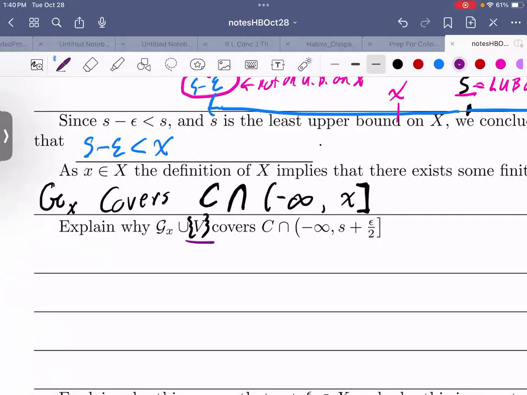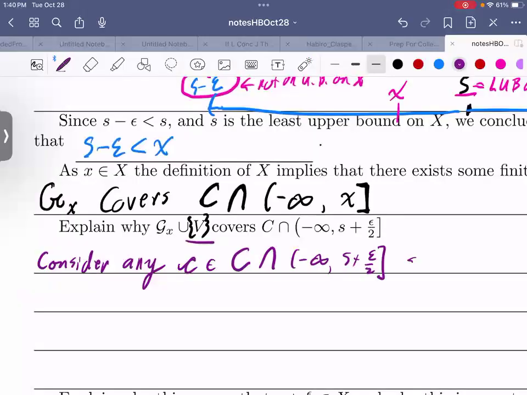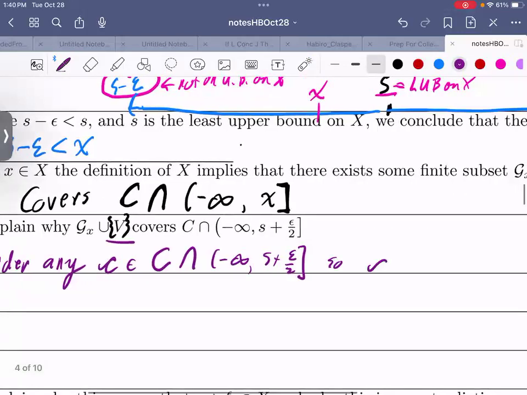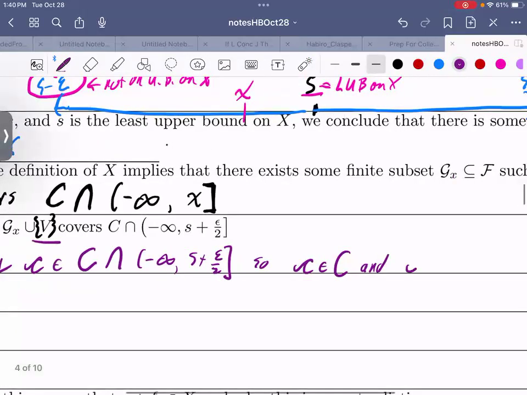So how is it that we did that? I guess it was like a case-wise analysis. Let's do those case-wise analyses. So let's consider any c in C intersect negative infinity to S plus epsilon over 2. So c is in C, and c is less than or equal to S plus epsilon over 2.